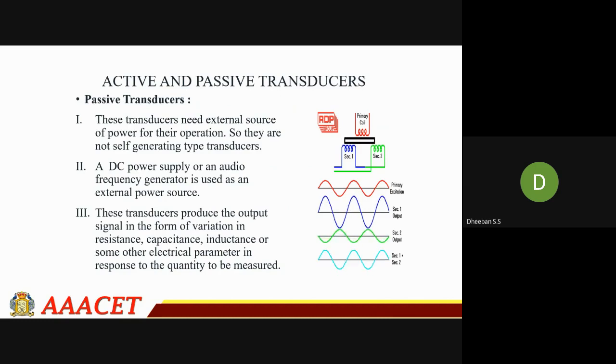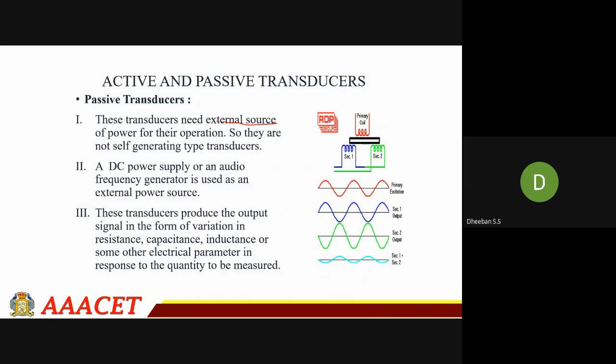So coming to the passive transducer, these transducers need an external source. In your active transducer, what we have seen is that it doesn't need any kind of external source for its operation. But in the case of passive transducers, you are in need of an external source for their operation.